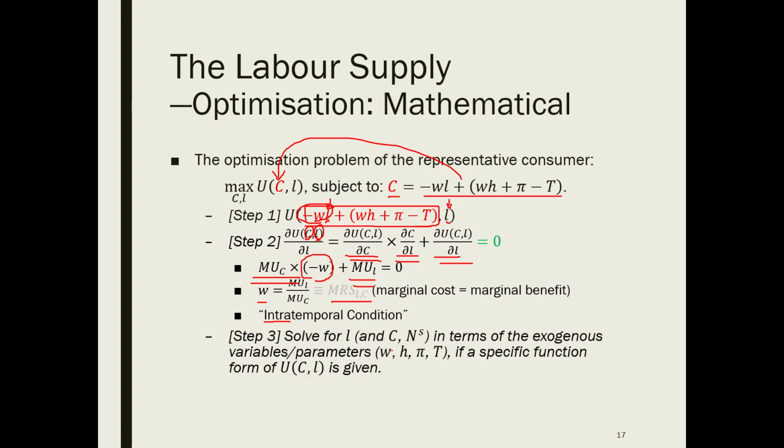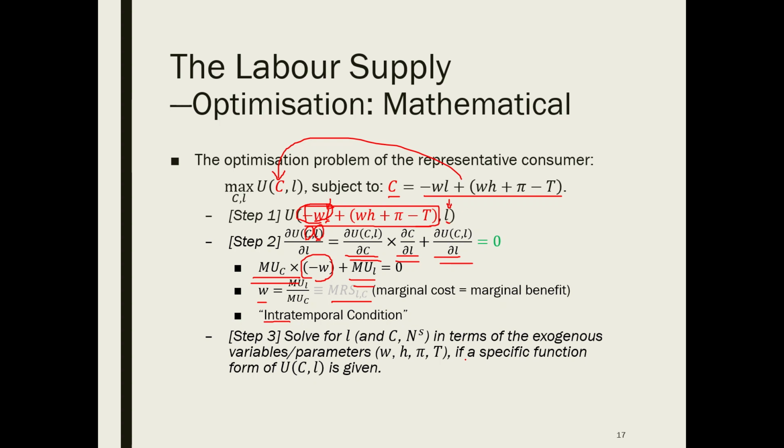The third step is to solve for the optimal leisure based on the intratemporal condition. Note that on this slide we cannot solve it explicitly because the function form is implicit to keep things general. In the tutorial, we will specify an explicit function form of the utility so that you can obtain an explicit solution to leisure as well as labor.